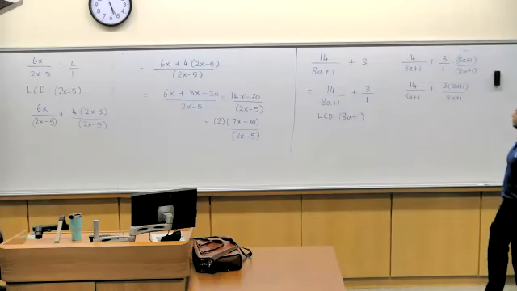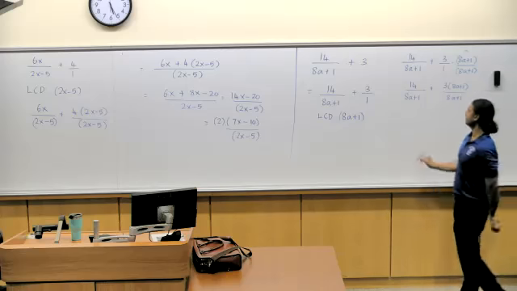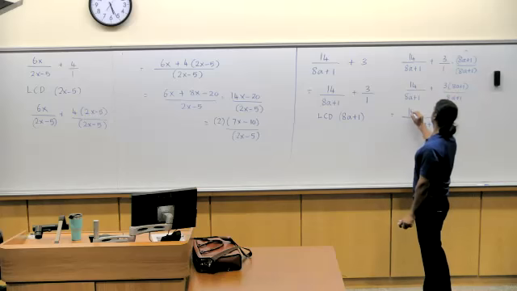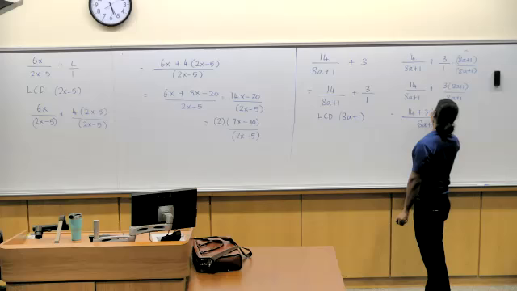Do we have a common denominator? Yes. We simply combine the numerators, so we have 14 plus 3 times 8a plus 1.